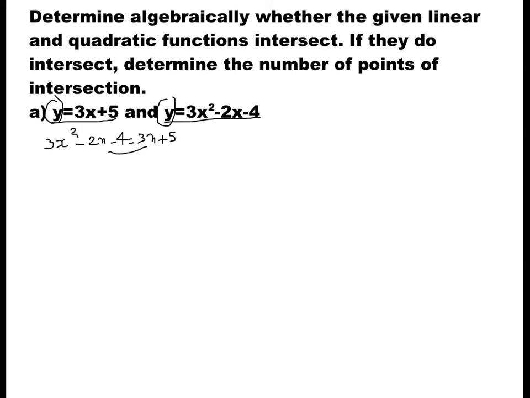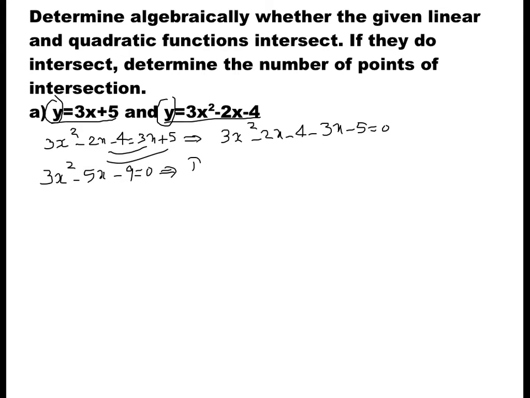I'm going to move both to the left. I get 3x squared minus 2x minus 4 minus 3x minus 5 is equal to 0. But after simplification, I get 3x squared minus 5x minus 9 is equal to 0.